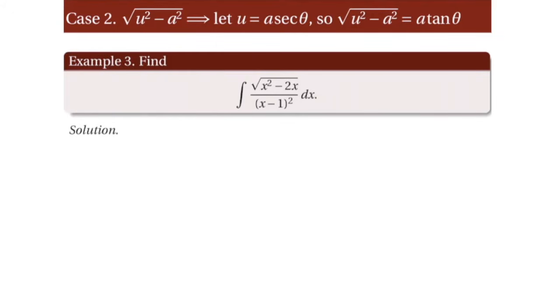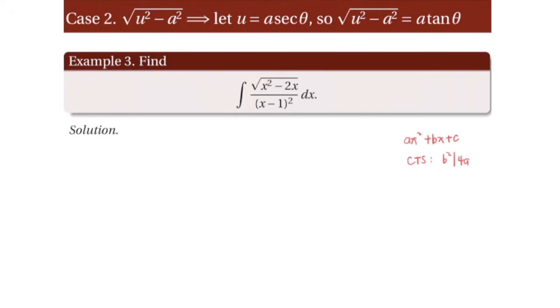So, recall here na kapag meron kang ax squared plus bx plus c, yung kailangan mo i-add at i-subtract to complete the square would be b squared divided by 4a. Not to confuse that with yung a na hinahanap natin in the square root of u squared minus a squared.